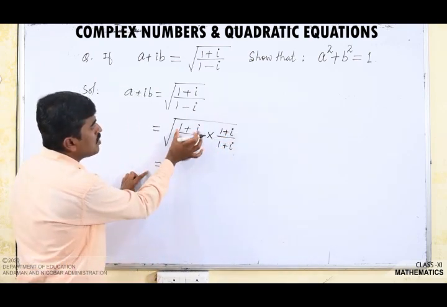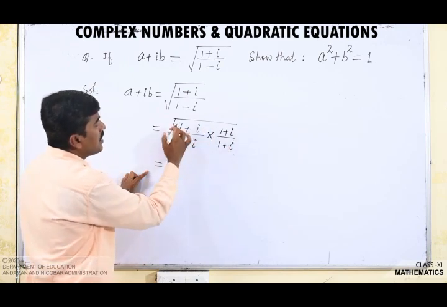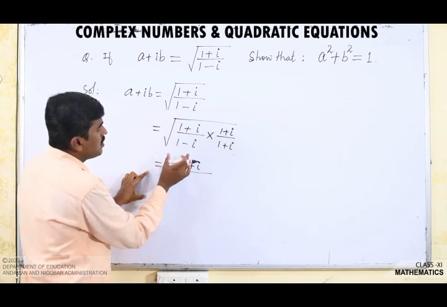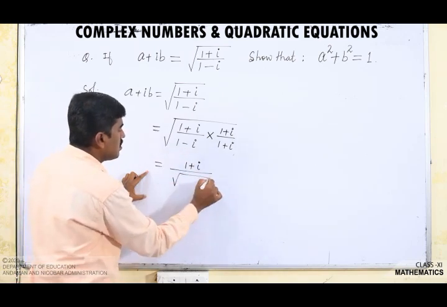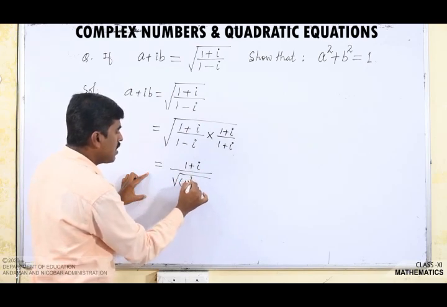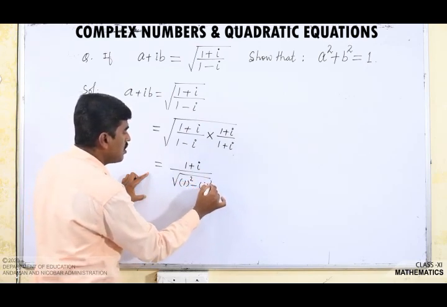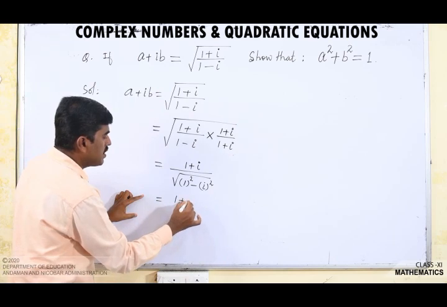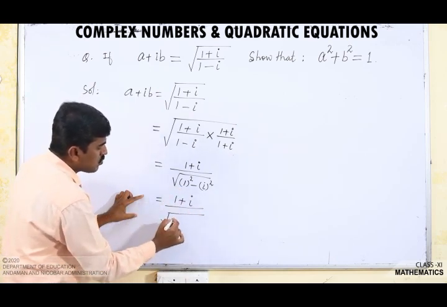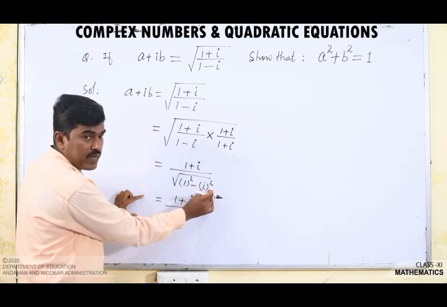So we will get 1 plus i into 1 plus i, and square root is there, so we will get 1 plus i divided by root over, now it is 1 minus i into 1 plus i, so it is 1 square minus i square. So that is equal to 1 plus i divided by root over, this is 1 square is 1 and i square is minus 1.